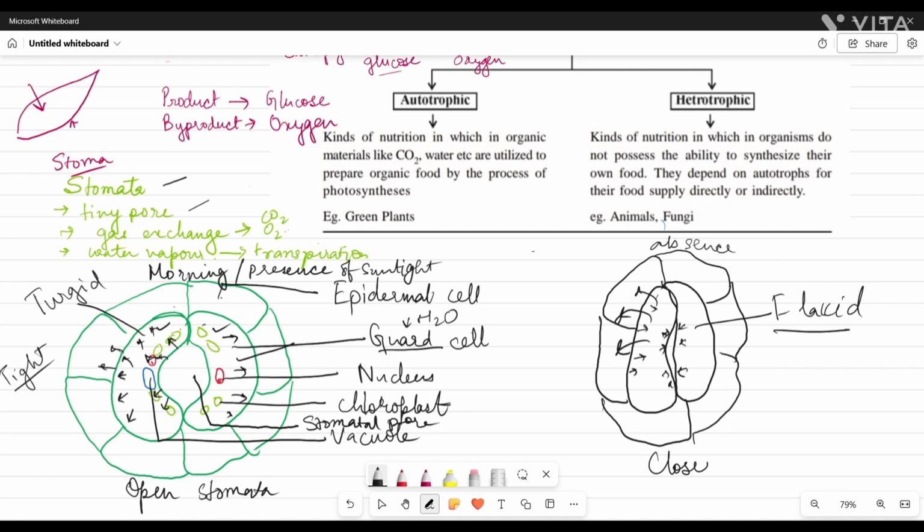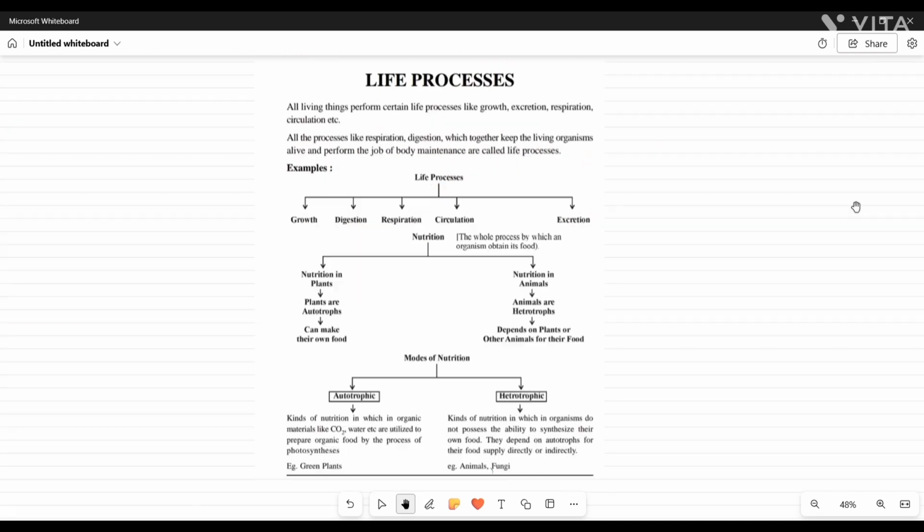But there is one exception. There are some plants which open their stomata in the absence of sunlight and close them in the presence of sunlight. They are found mostly in areas where water is scarce and they are trying to protect themselves from too much loss of water.